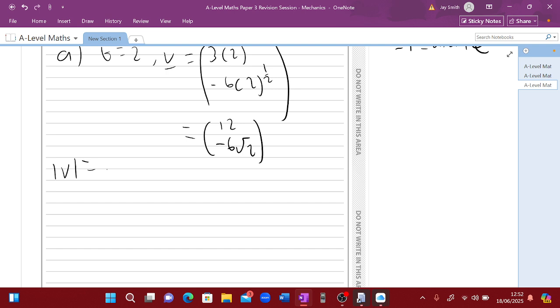So the mod v is going to be root of 12 squared plus minus 6 root 2 all squared, the squares of the components. And that gives you 6 root 6. Cool.